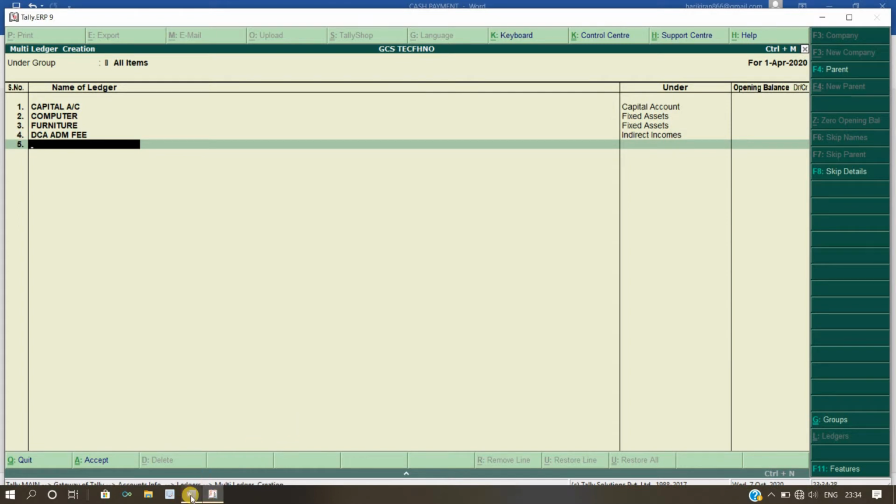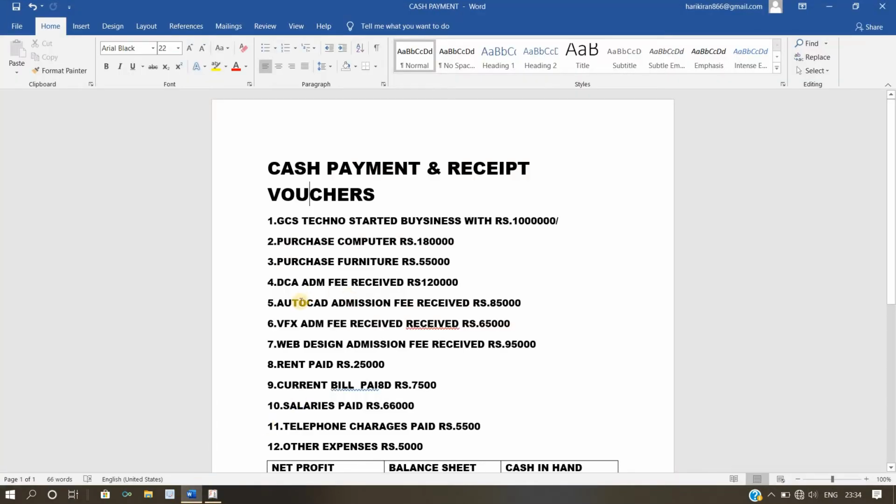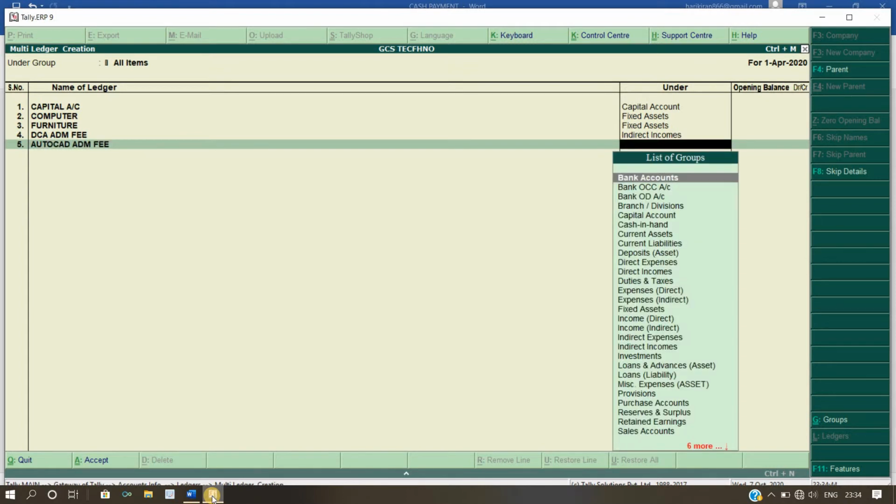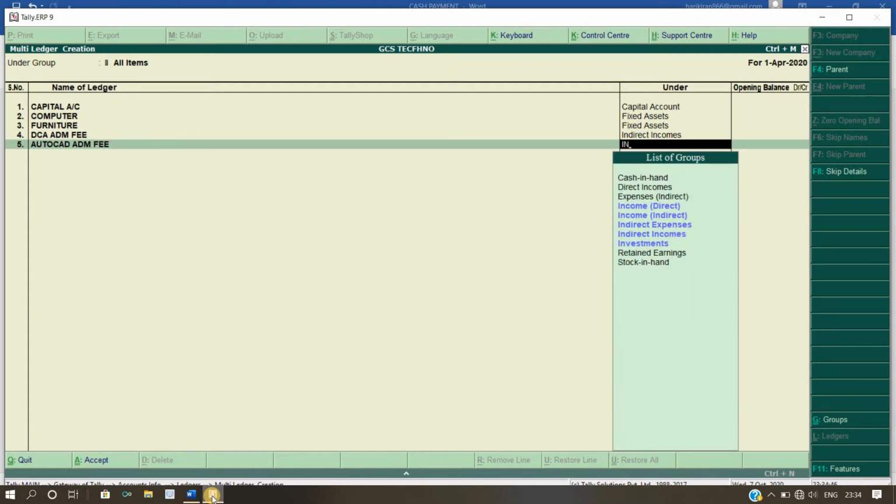And afterwards, AutoCAD admission fee received. It is also indirect income, friends. AutoCAD admission fee 100 rupees indirect income.